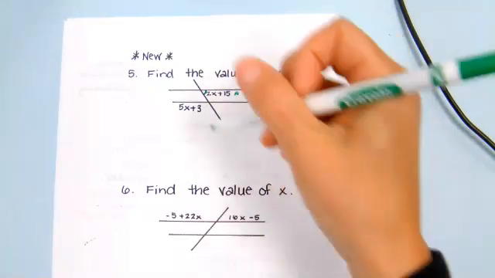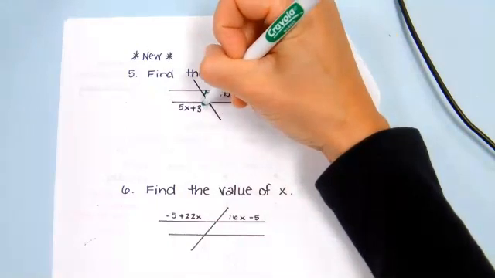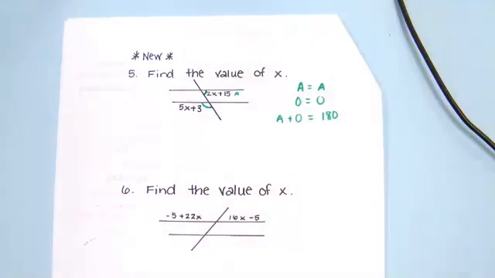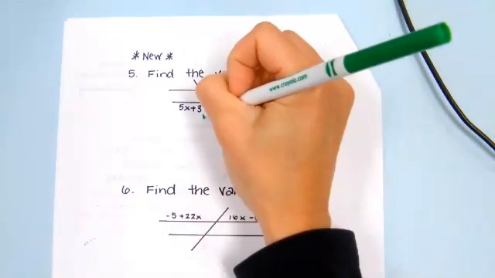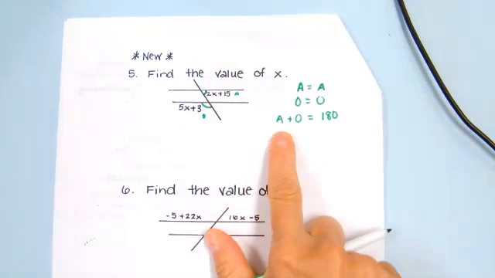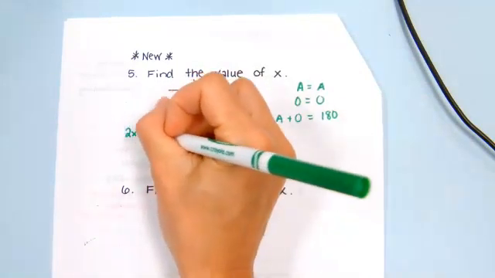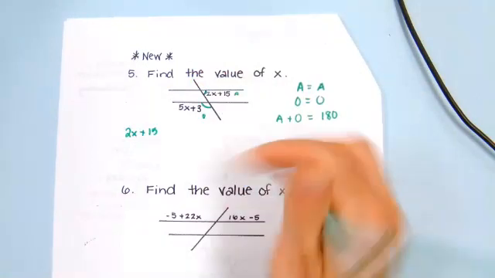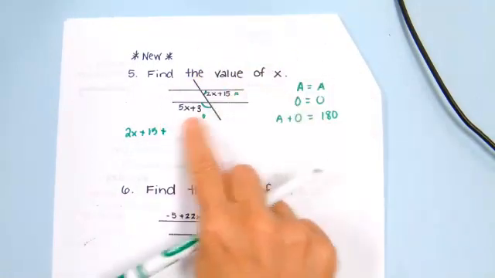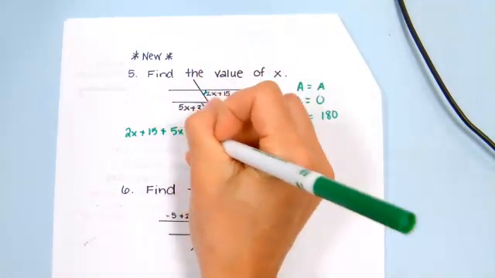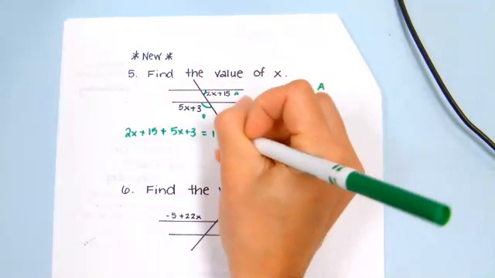Now we look down here. The 5x plus 3 is drawn obtuse. So we set it up where the acute one, 2x plus 15, plus the obtuse one, 5x plus 3, equals 180.